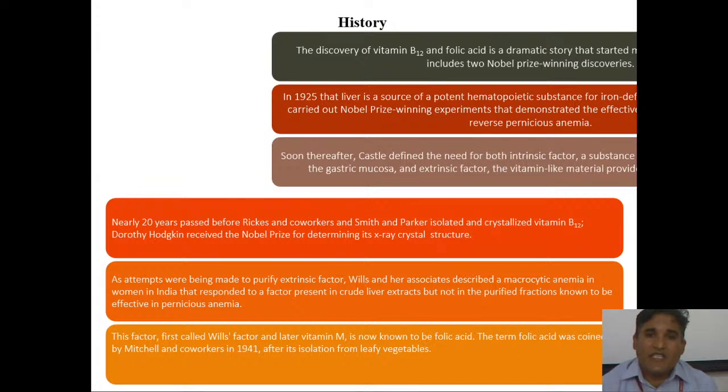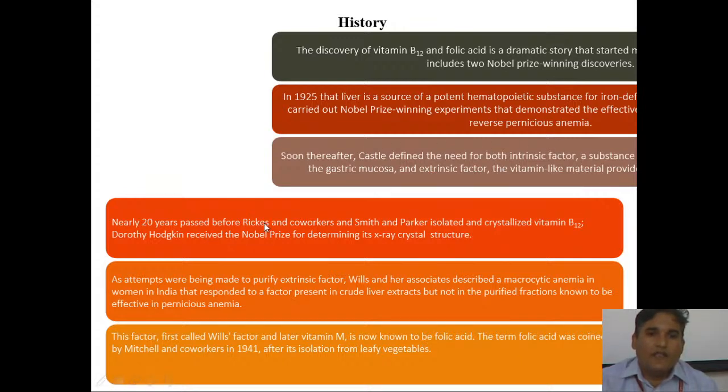Later on, Castle found out that there are two things: one is the intrinsic factor that gets released from the GIT mucosa, and the other is the extrinsic factor, that is vitamin B12, which must be present in the diet. Both are responsible for this type of pernicious anemia.